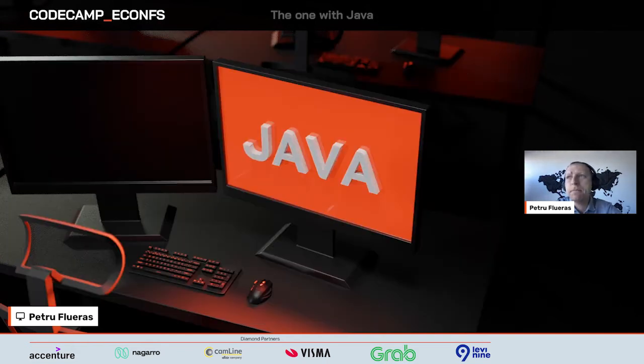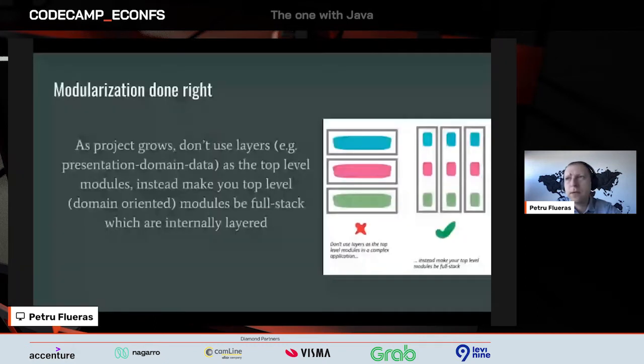Okay, so we went with the monolith, but how do I get the modularization right? How do I do the modularization in a good way? Again, Martin Fowler is teaching us that we shouldn't use presentation, domain, data layers, like on the left-hand side of the picture, for a big enough monolith.